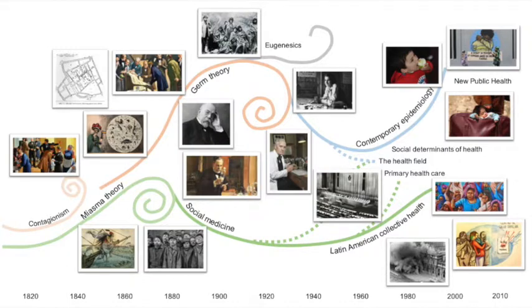The history of public health needs to take into account, as we have said in the previous session, that as a scientific discipline, it is essentially a European modern invention, with all the political consequences of this statement.